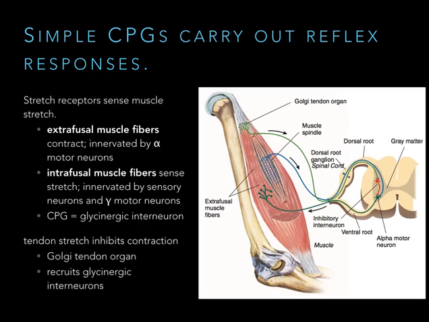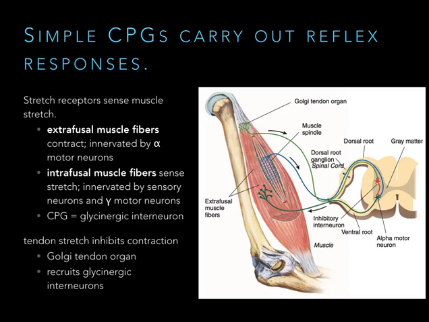The Golgi tendon reflex here is to prevent damage to our skeletal system or other soft tissues. If the muscle is contracting so hard that we're starting to stretch on our tendons, we should probably tone that down, and that's what this reflex does. So whenever we have stretch in the Golgi tendon, we're going to have activation of sensory neurons, and here we're going to inhibit the motor neuron that would cause contraction in this area, and thus stretch on the tendon.